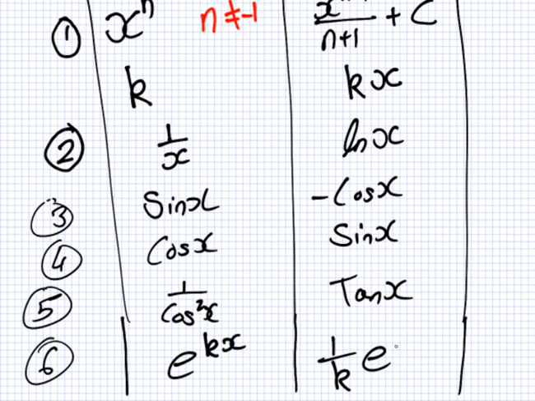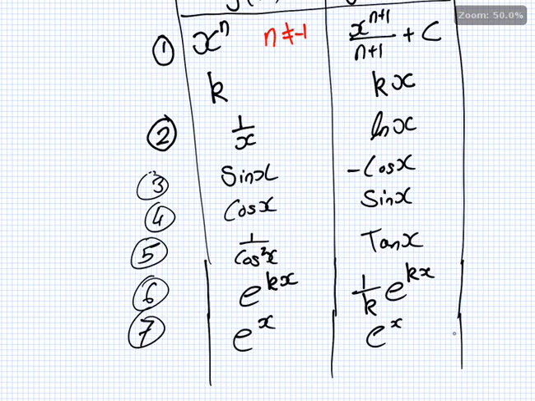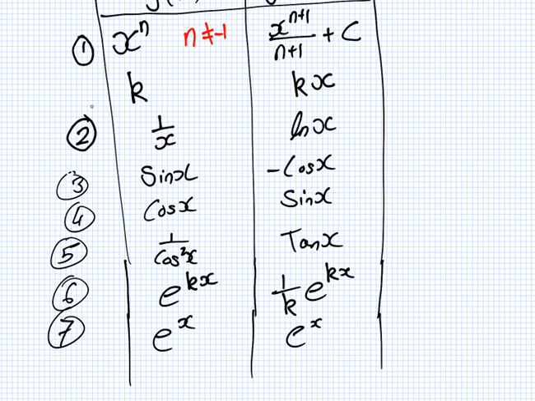The first one we'll do is x^n, and its antiderivative is x^(n+1) over n+1, plus c.